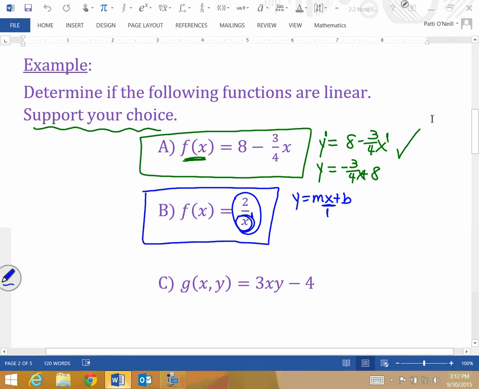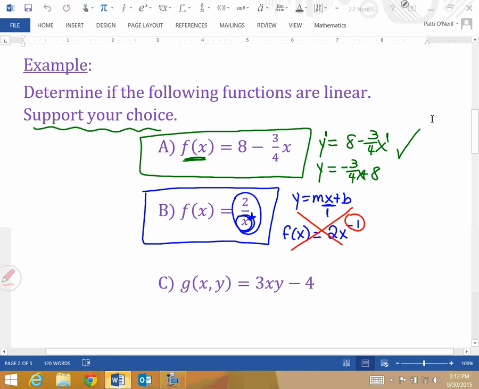If we bring this x up to the numerator, we're going to end up with f of x equals 2x to the negative first. And because of this power of negative 1 on the variable, we're going to say that this is not a linear function.